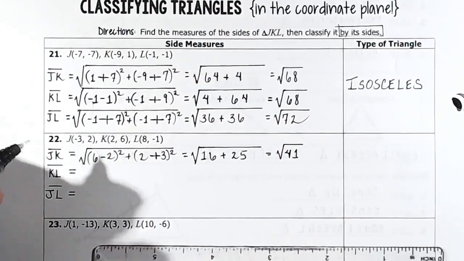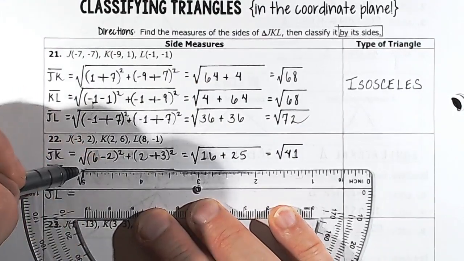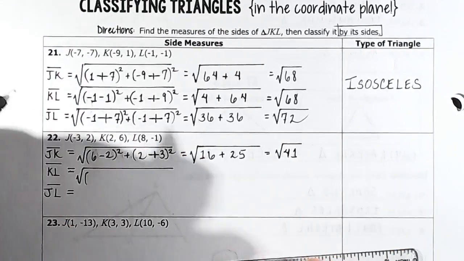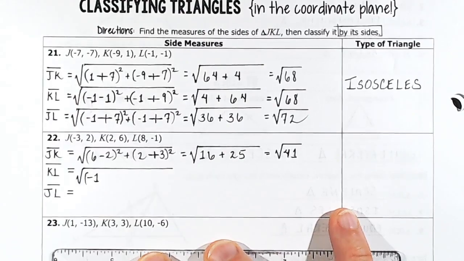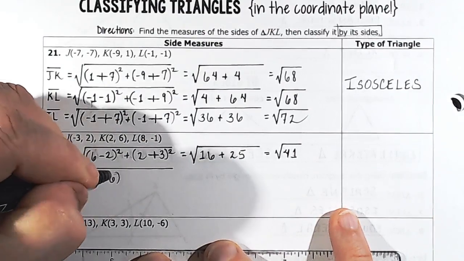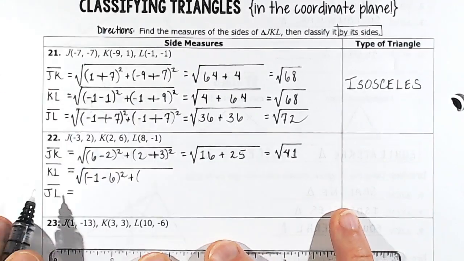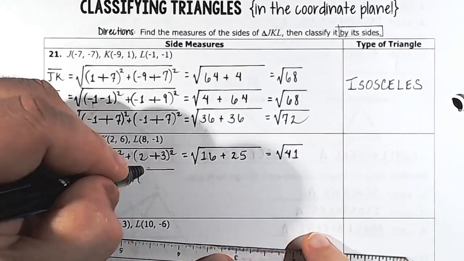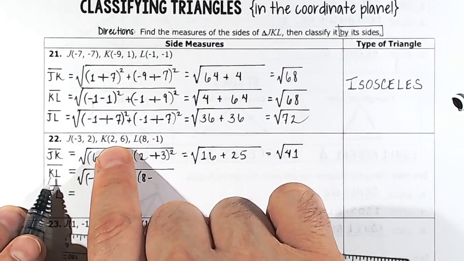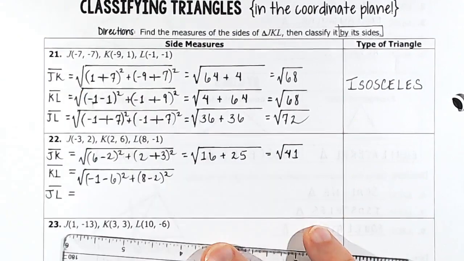For segment KL, set this up, same basic framework. First, I'm going to look for the y value of the L coordinate, -1, minus the y value of the K coordinate, 6, and square that, plus the x value of the L coordinate, 8, minus the x value of the K coordinate, 2, and I'll square that.